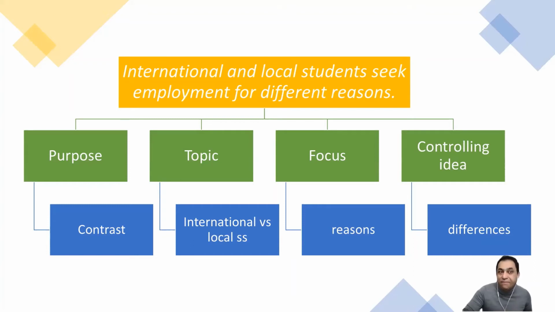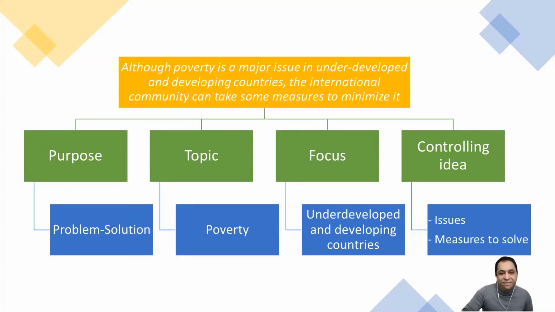If it's focusing on differences, then it's a contrast paragraph. International and local students seek employment for different reasons. The key word there is different. The topic is international versus local students. The focus is reasons. The controlling idea is different.